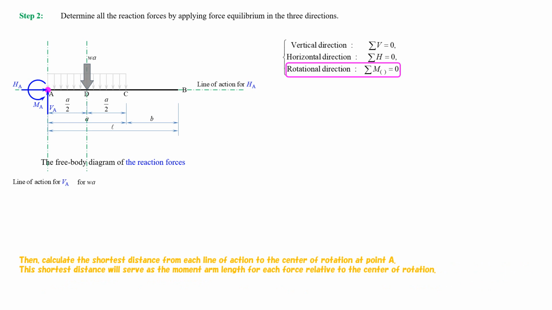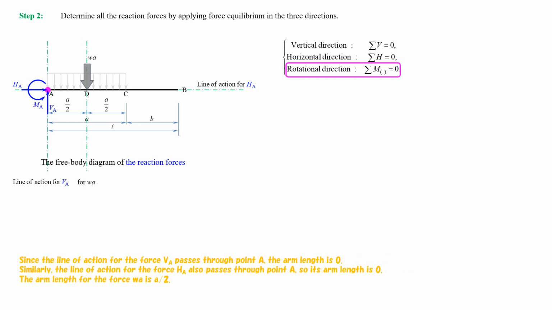Then, calculate the shortest distance from each line of action to the center of rotation at point A. This shortest distance will serve as the moment arm length for each force relative to the center of rotation. Since the line of action for the force VA passes through point A, the arm length is 0. Similarly, the line of action for the force HA also passes through point A, so its arm length is 0. The arm length for the force W multiplied by A is 1/2 of A.